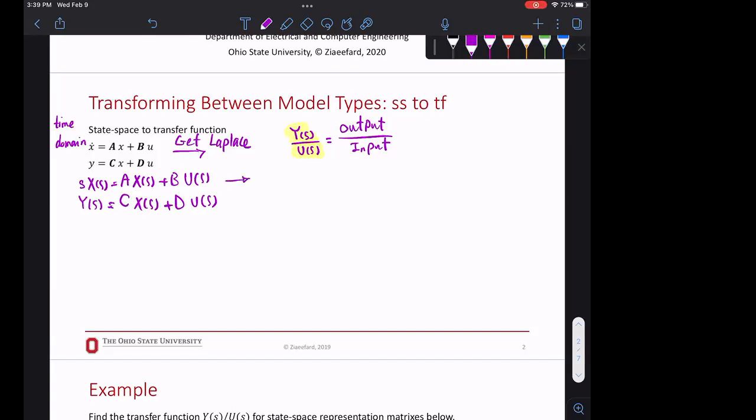If I reorganize this and write X(s), basically bring AX(s) to the left side and factor that out, it is (sI - A) X(s) equal to BU. I want you to pay attention to what happened right here.